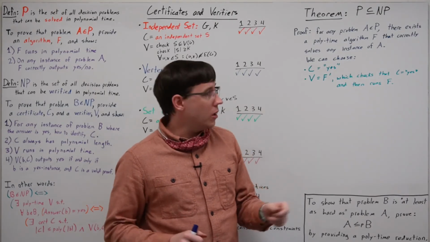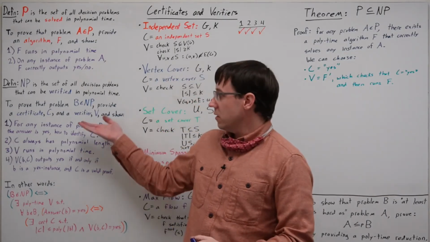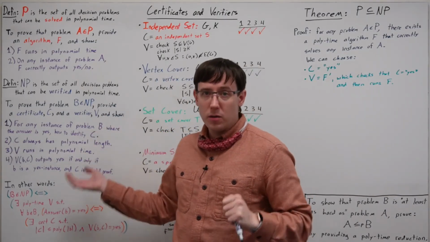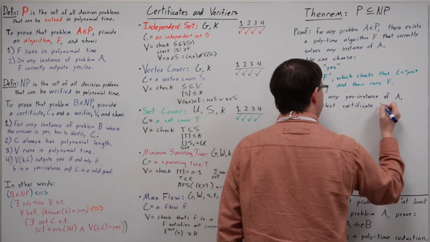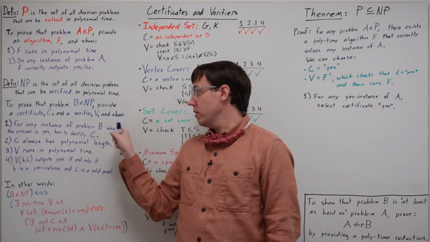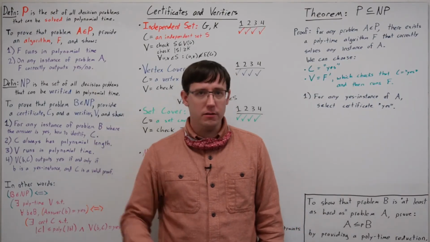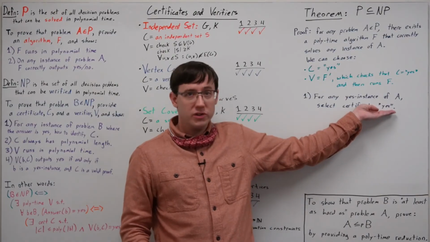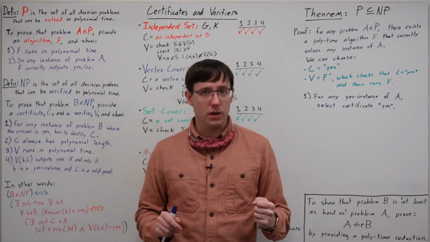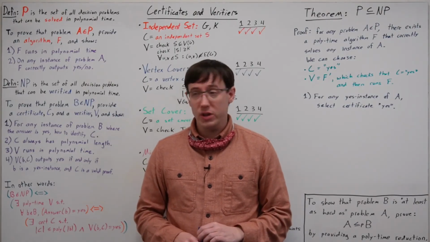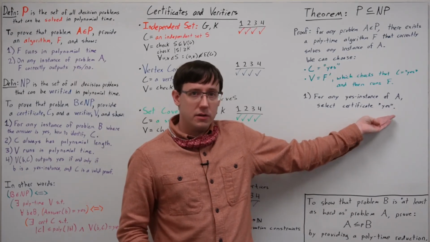So now we need to show that this verifier and the corresponding certificates meet all of our criteria for NP. First, we need to show that for any yes instance of the problem, there is a certificate, and we've chosen the same certificate every time, so we can just pick that certificate. And we need to show that that certificate has polynomial length, but its length is constant.